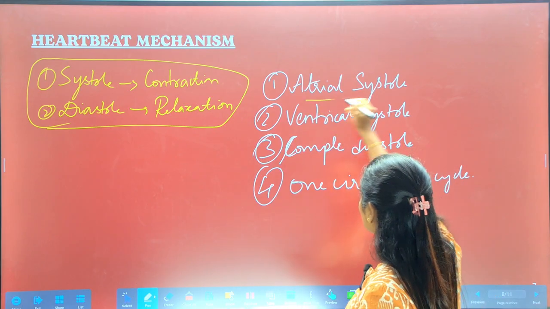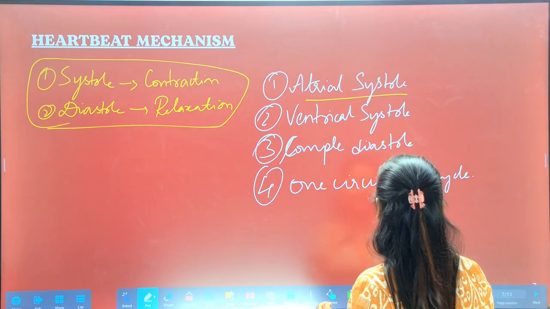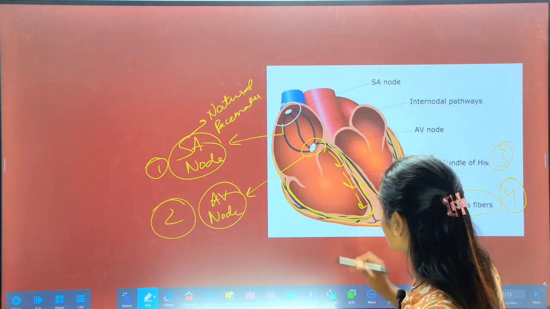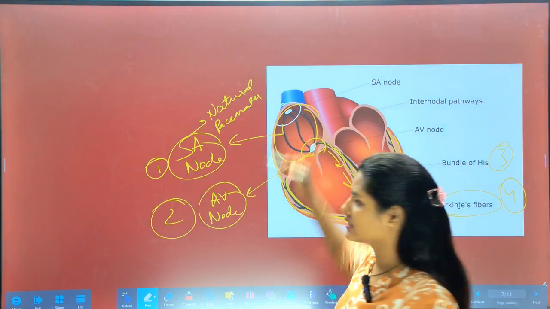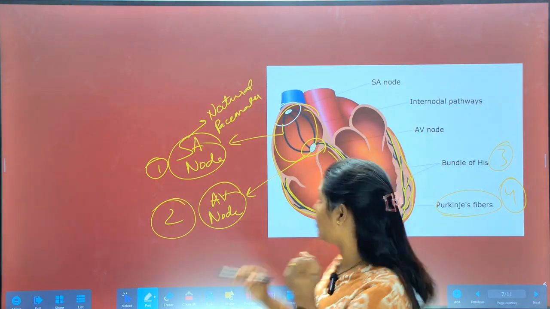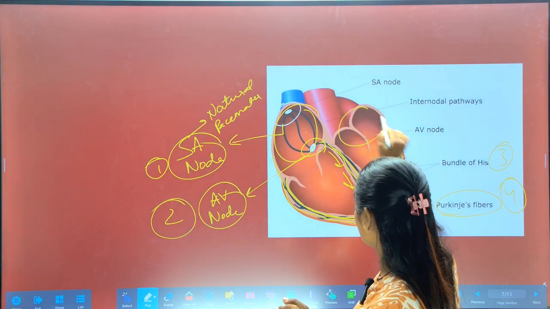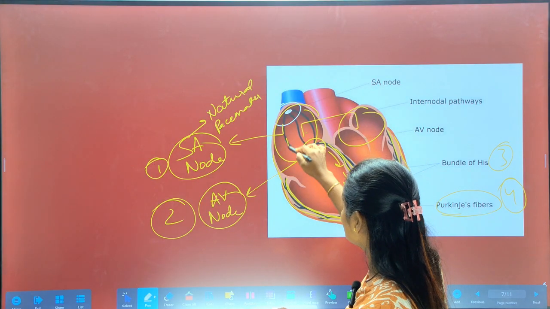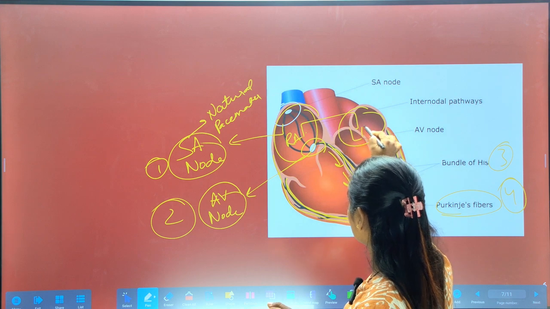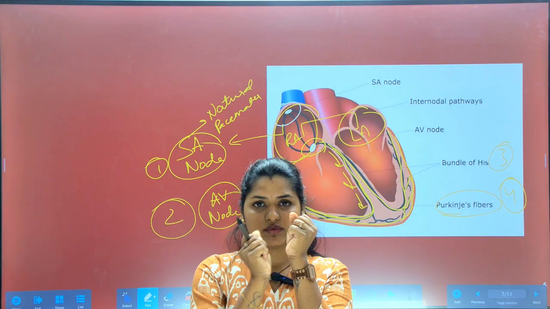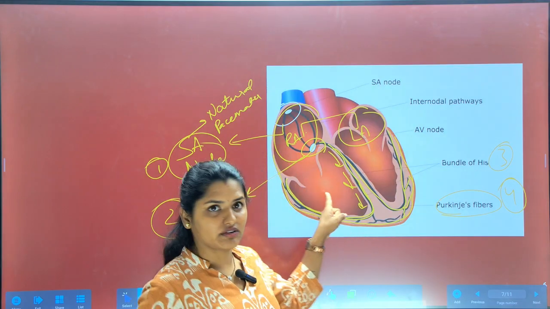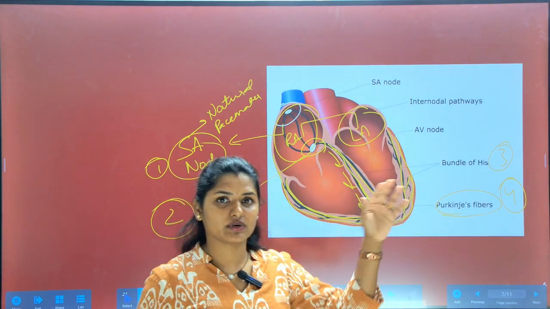Atrial systole means, here you can see, this is the right atrium, right? First both the right atrium and the left atrium will get contracted. From contracting, blood flows to the right ventricle and left ventricle.